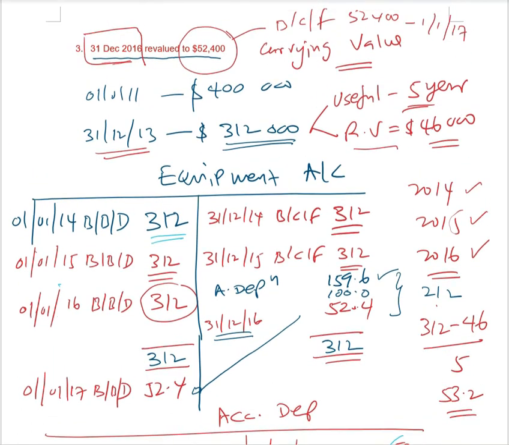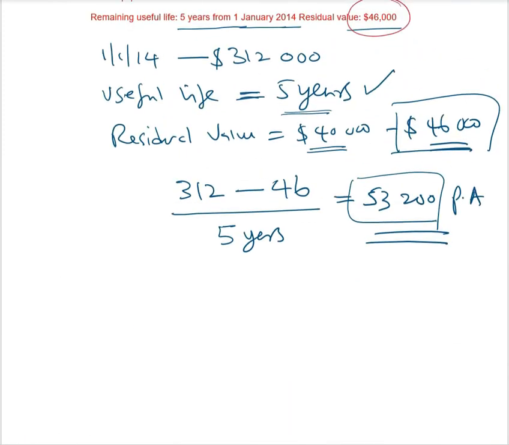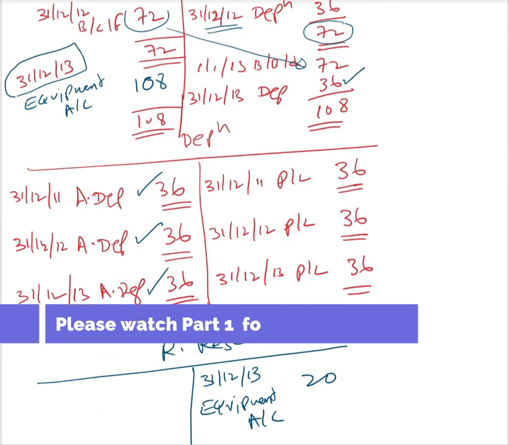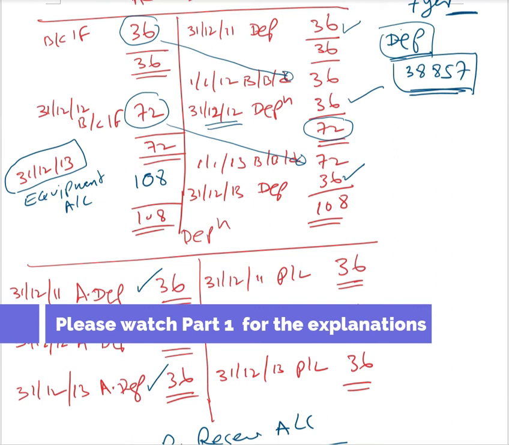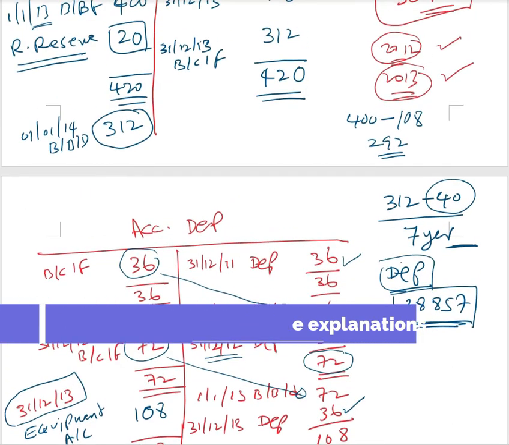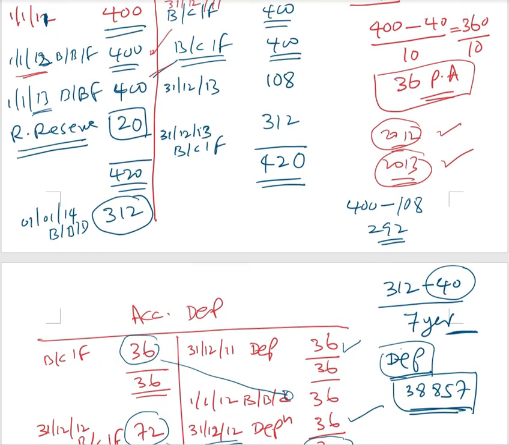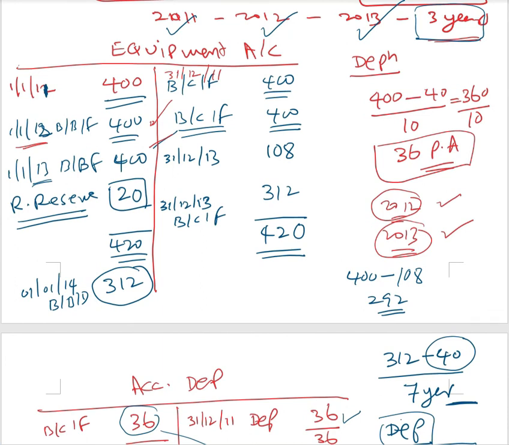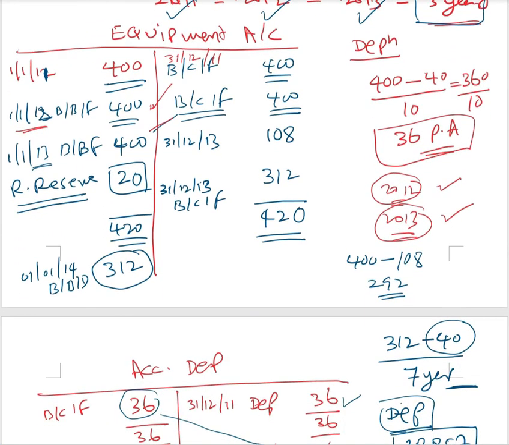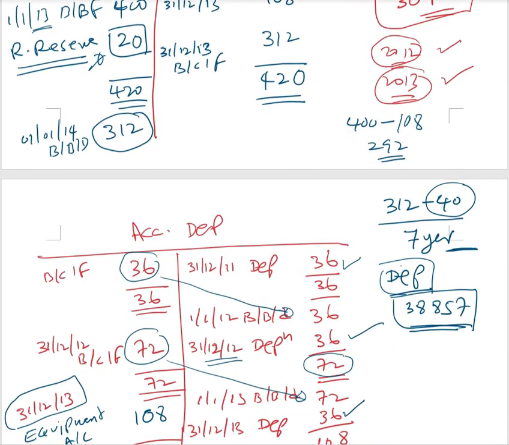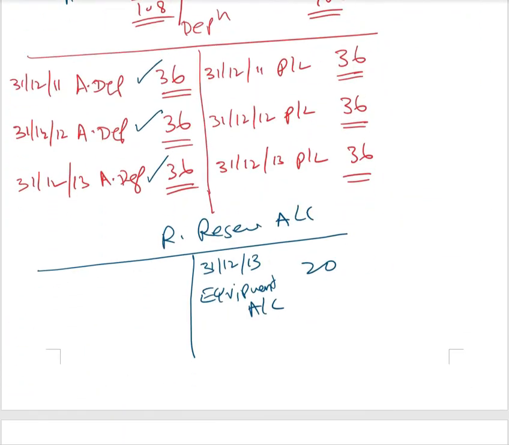So what is this difference? In the previous scenario, we had a surplus of 20 in the equipment account. The first question, there was a surplus. This surplus of 20 we transferred to the revaluation reserve account.